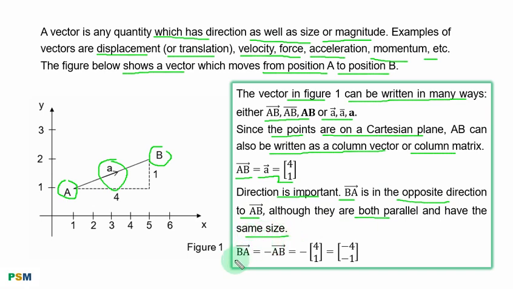So, vector BA, which is in the opposite direction to AB, is obtained by negating vector AB. Then you get vector BA. You have it in this form. If you open the matrix bracket with the minus sign, you have minus 4, minus 1.